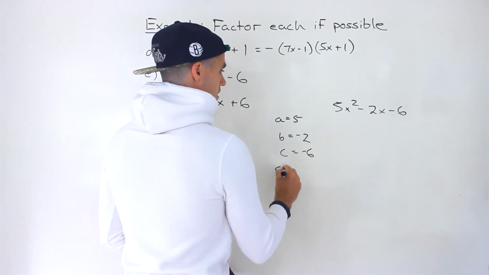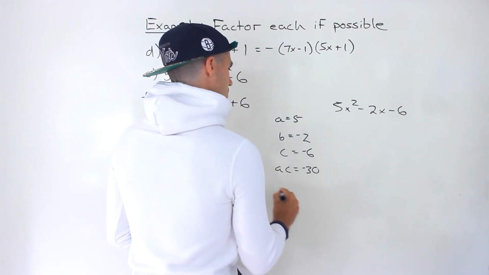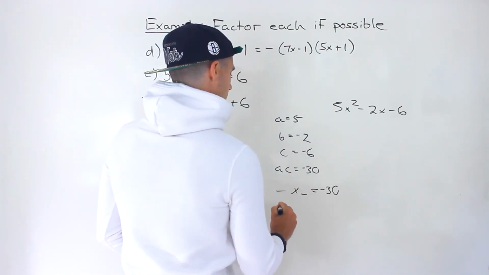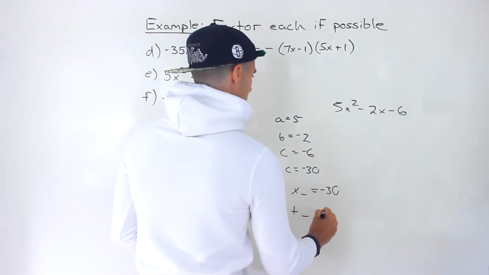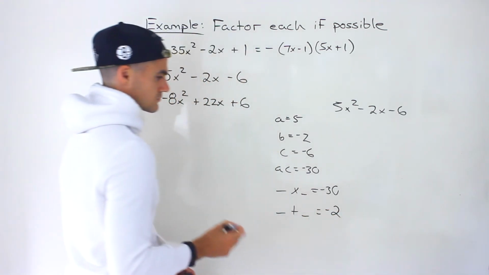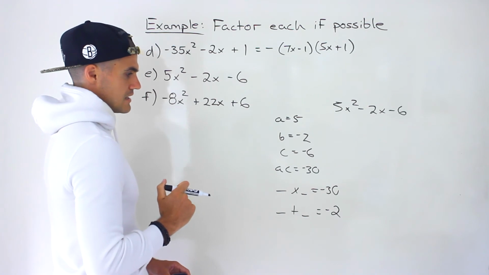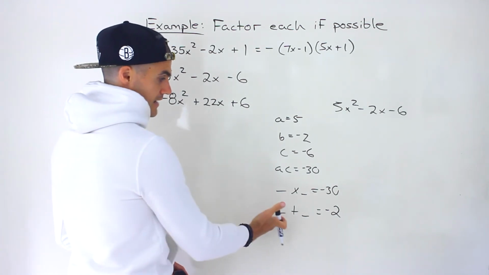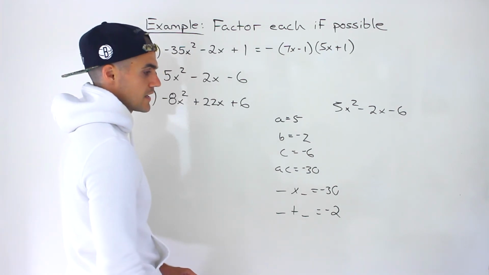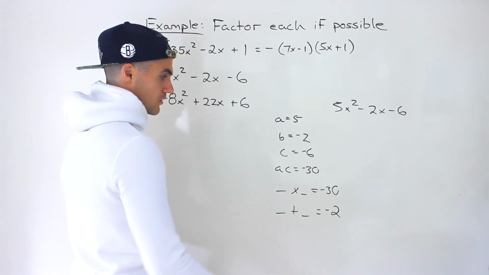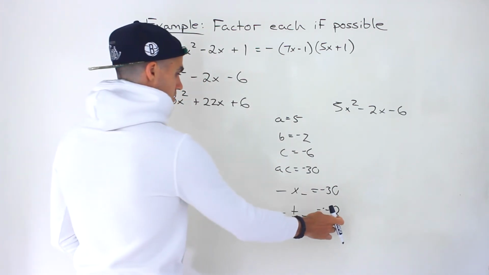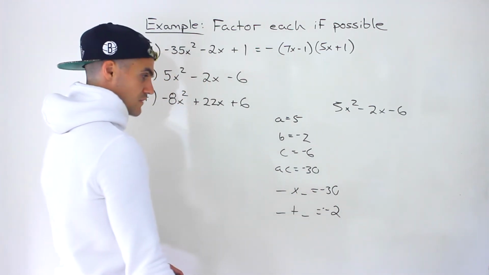Multiply the A and the C, that would give us negative 30. Find two numbers that multiply to negative 30, and then add up to that B value of negative 2. And notice in this case, there actually are no two integers that satisfy this, right? No two numbers that multiply to negative 30 and add up to negative 2. If this was negative 1, then negative 6 and positive 5 would work.